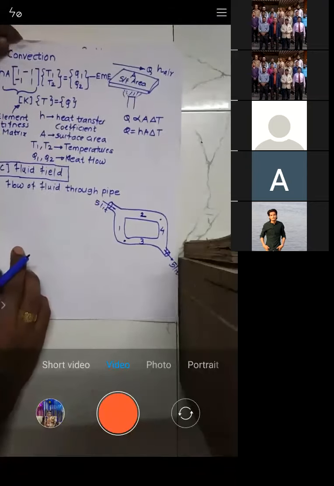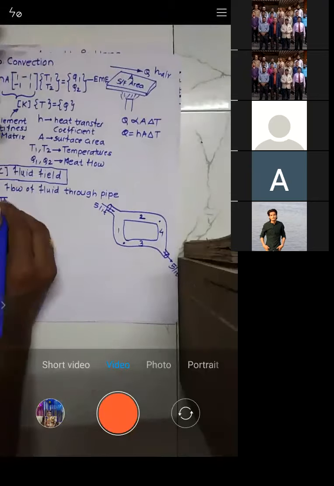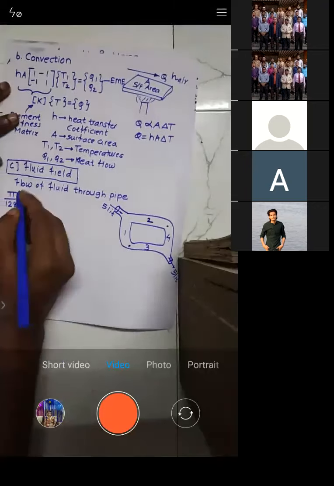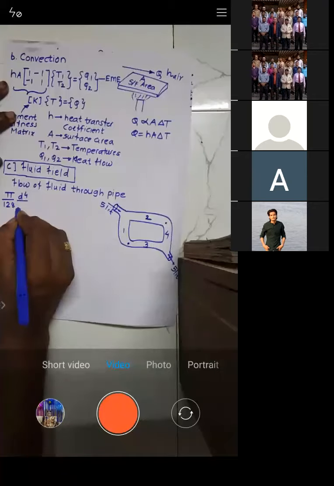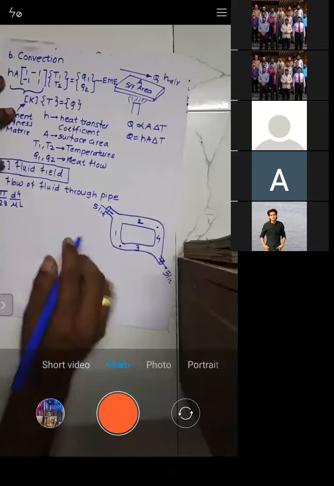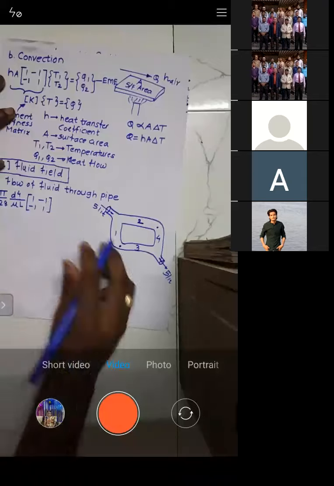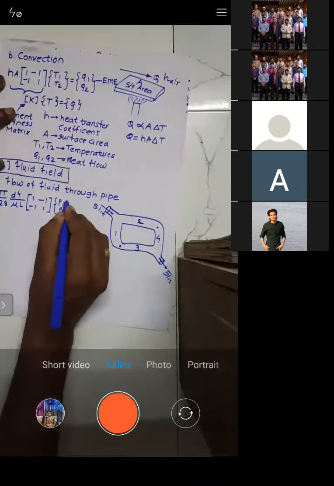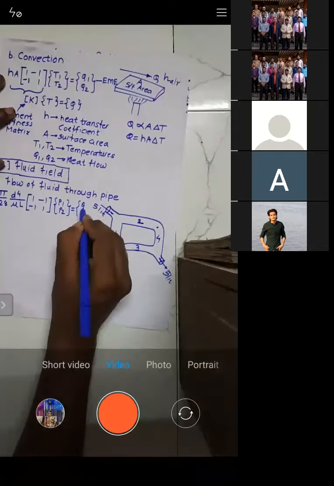Try to understand, it is given by pi by 128 d raised to power 4 by mu L, into the matrix [1 -1; -1 1], into [P1 P2], is equal to [Q1 Q2].